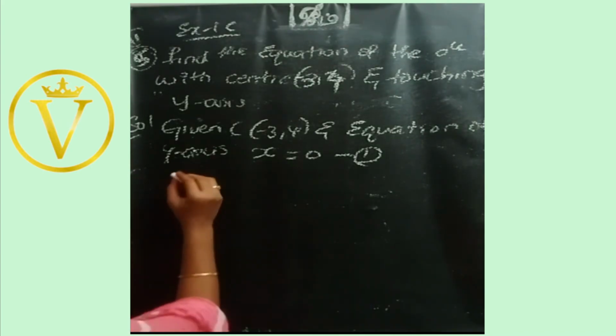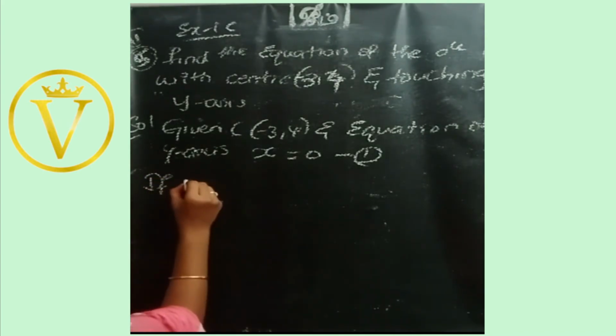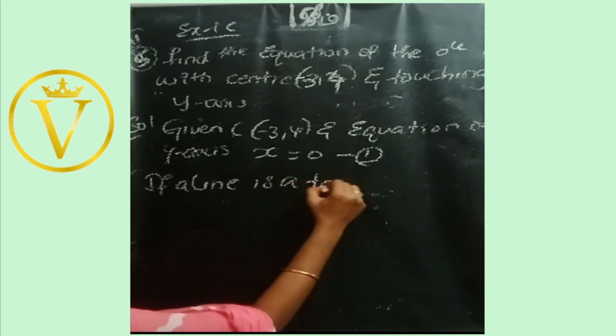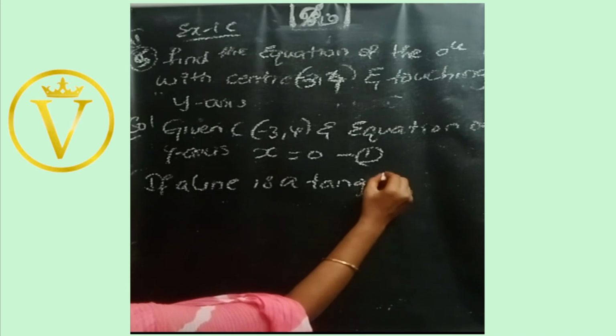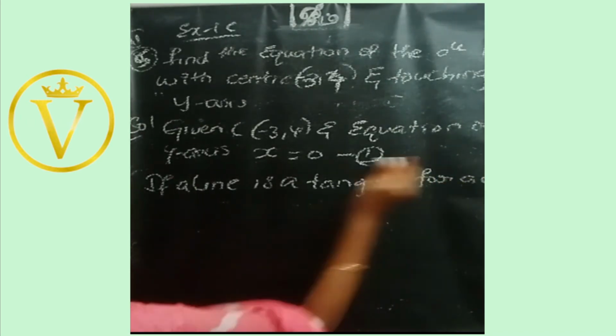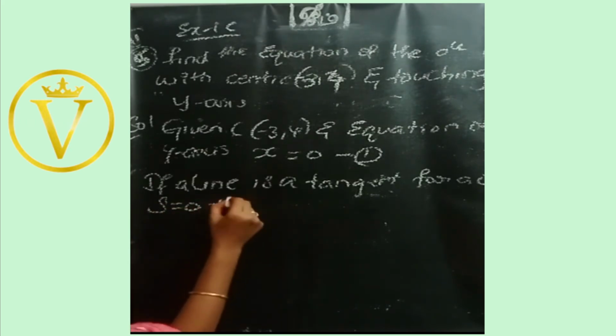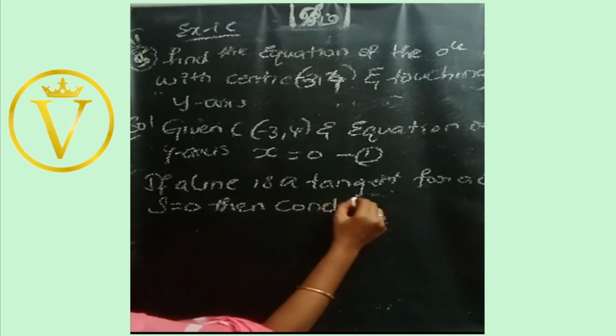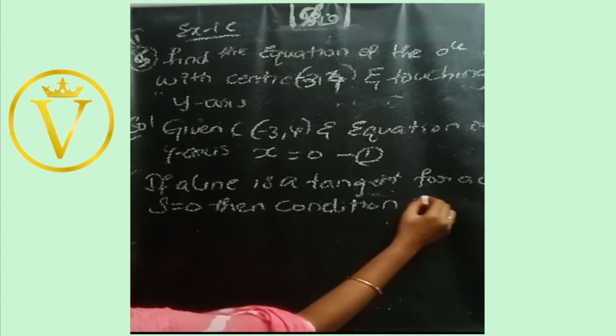Now we know that, same condition we have to write for every problem: if a line is a tangent for a circle S equals 0, then the condition is perpendicular distance equals r.